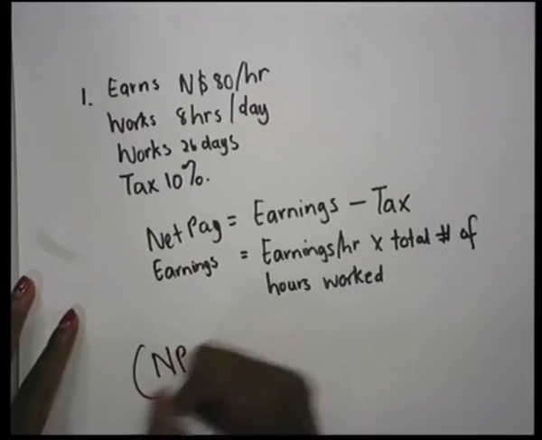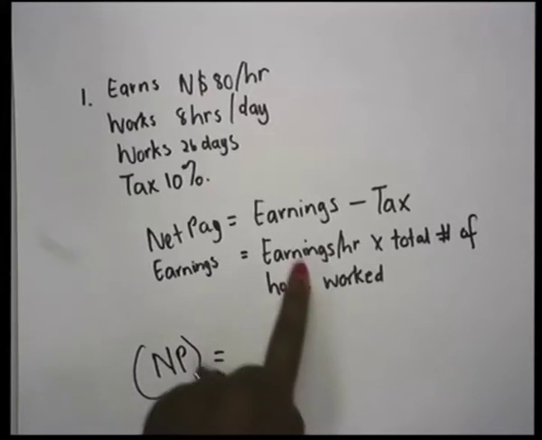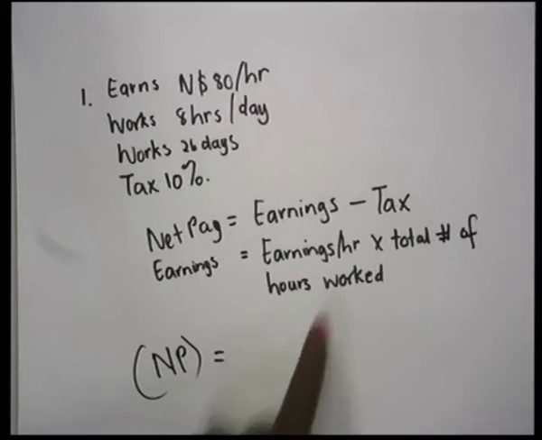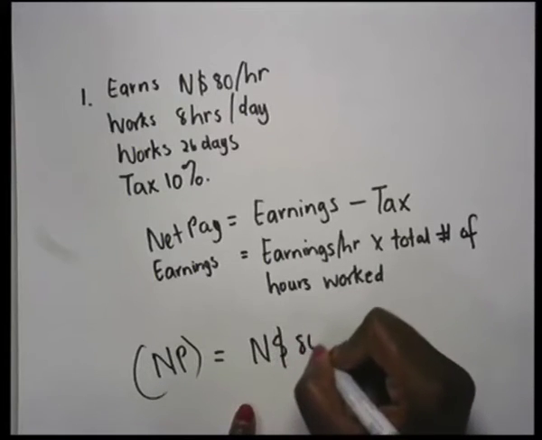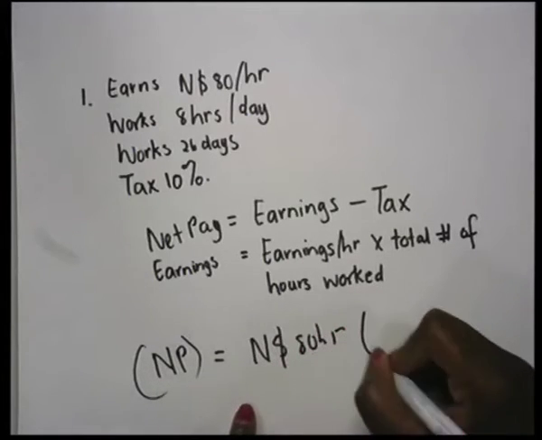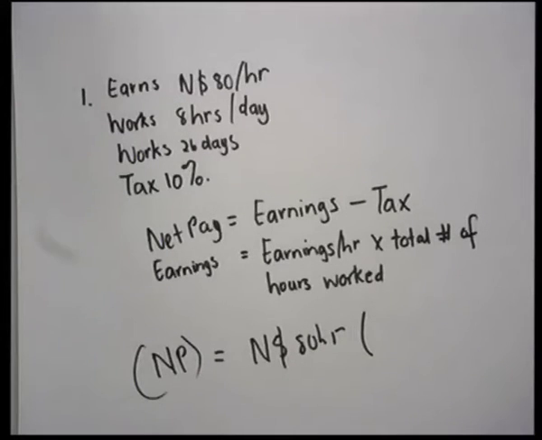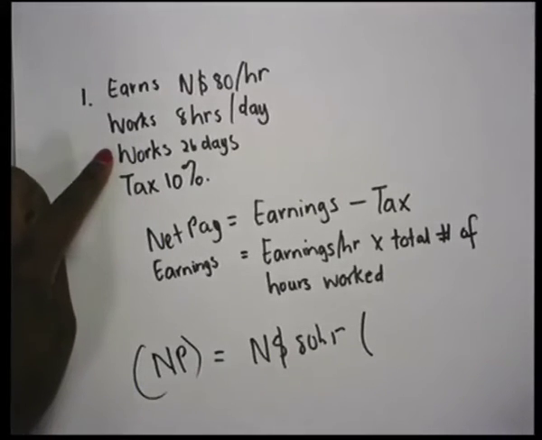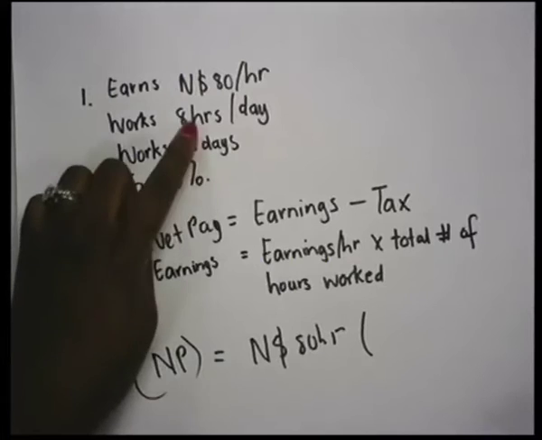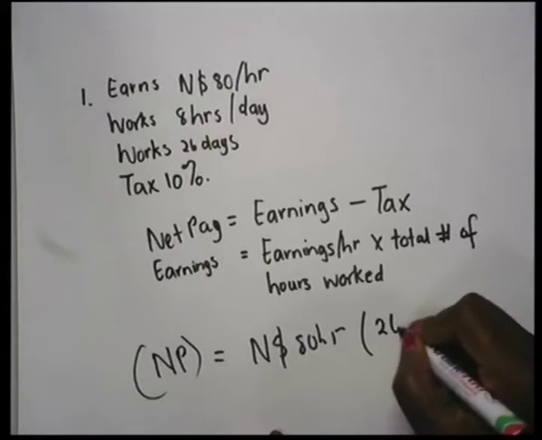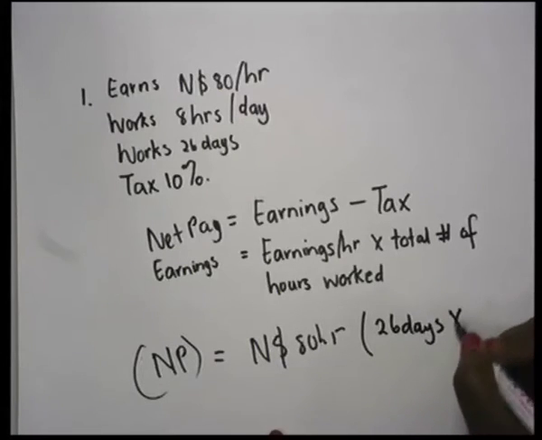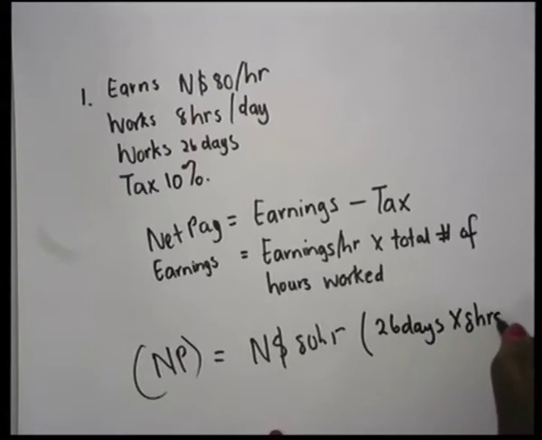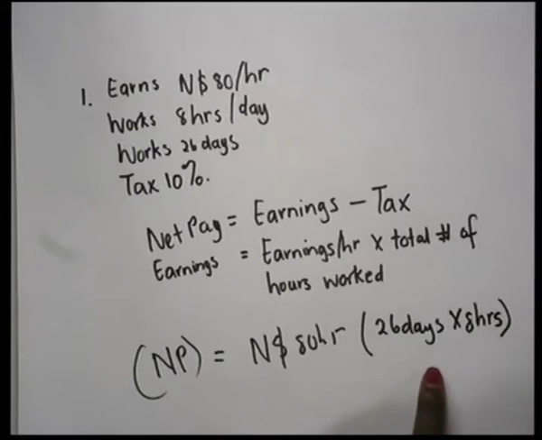Net pay, I'm just going to abbreviate it by NP. So earnings, as we know, is earnings per hour. Now we know that he earns $80 per hour. And the total number of hours worked is that he has worked for 26 days for 8 hours each. So we say 26 days times 8 hours, because we want to know exactly for how many hours he has worked.